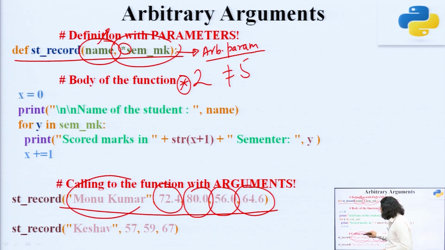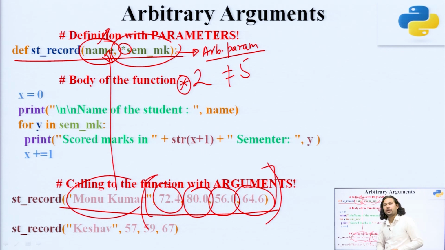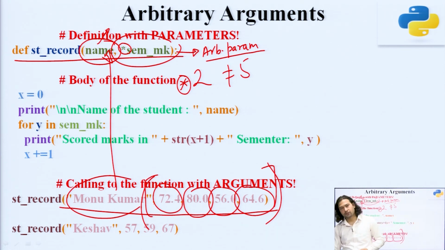That means Monu Kumar will directly go towards the name, but the rest of the information will be packed under the tuple data type and will be fetched by the second parameter, because the second parameter is the arbitrary argument. So the arbitrary argument is holding all the extra information in one. These arbitrary arguments are also referred to as packing arguments. That means they are directly packing the whole information together in the form of one variable.